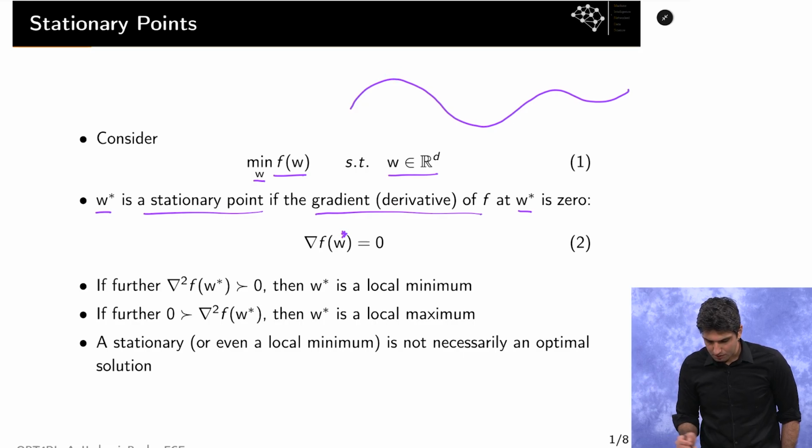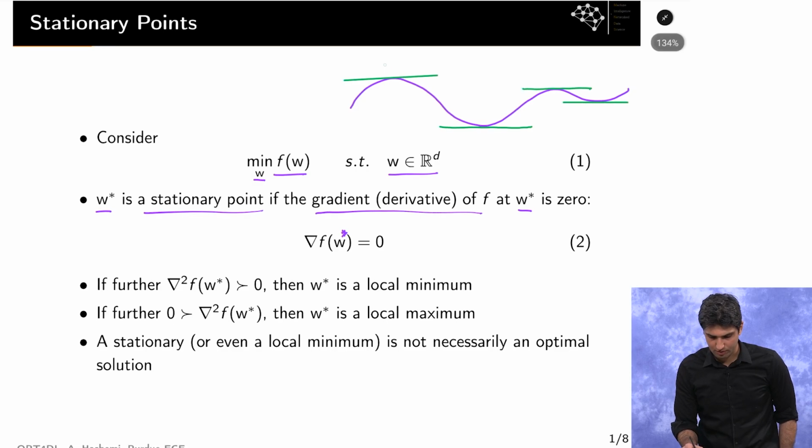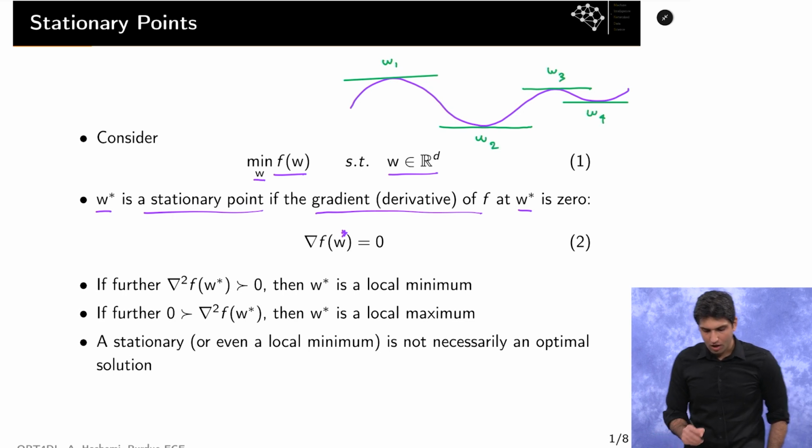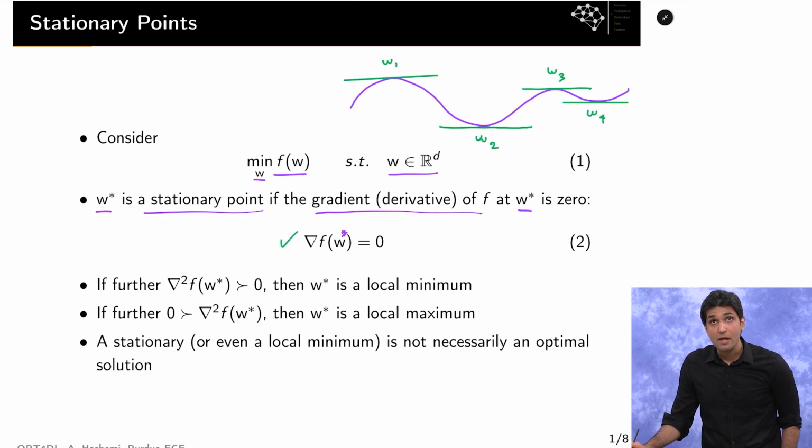Here, you should think of the gradient being 0 as a tangent line to the function with slope 0, okay? So all of these points are essentially stationary solutions, okay? So let's call them w1, w2, w3, w4. All of these solutions satisfy our first order stationarity, okay?